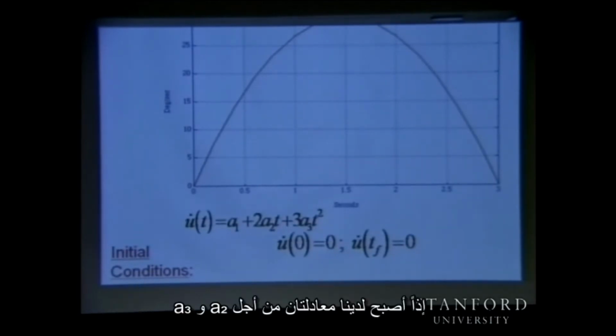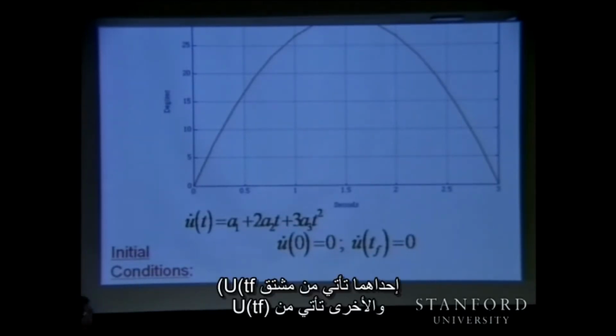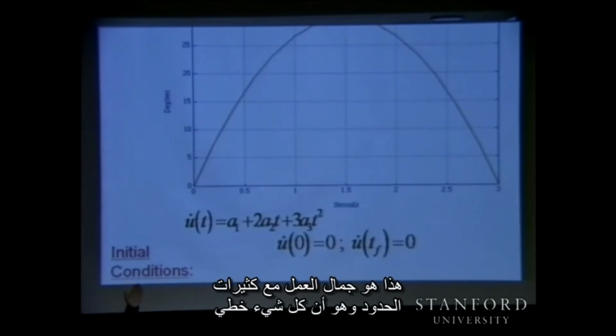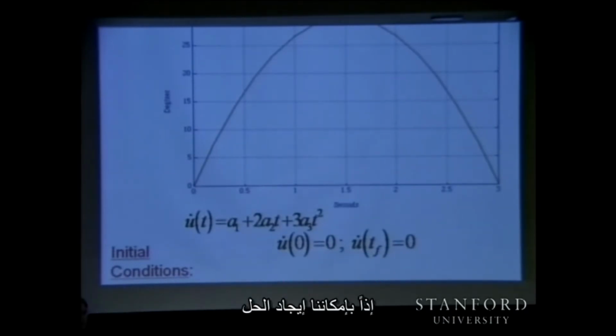So now we have two equations for a2 and a3. One will come from u dot of t sub f, and one will come from u of t sub f. So two linear equations, two unknowns. That's the beauty of working with polynomials, everything is linear. So we can find the solution.